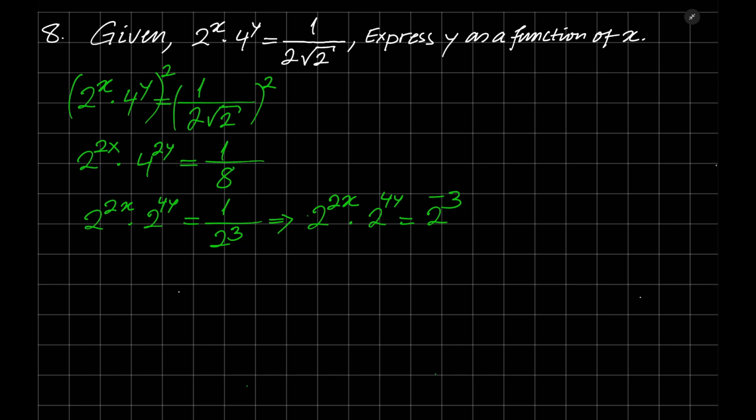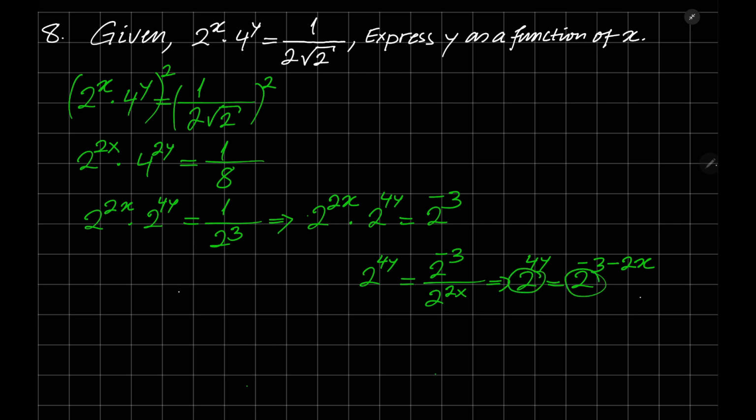If we divide both sides by 2 to the power of 2x, then 2 to the power of 4y is equal to 2 to the power of negative 3 divided by 2 to the power of 2x, which implies that 2 to the power of 4y is equal to 2 to the power of negative 3 minus 2x.